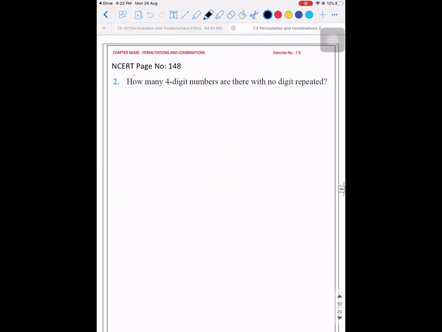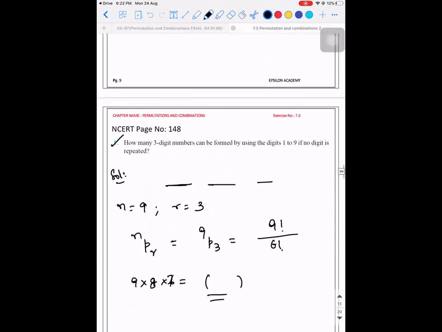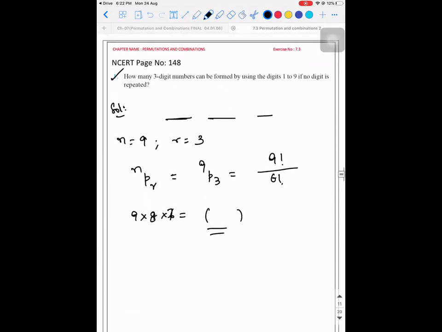One doubt, sir. Yeah, tell me. Suppose you are taking the factorial of a number, for example x factorial. Will the number be its multiple? For example, 8 factorial, will 8 be its multiple? Yes, it is, because 8 factorial is 8 into 7 factorial.